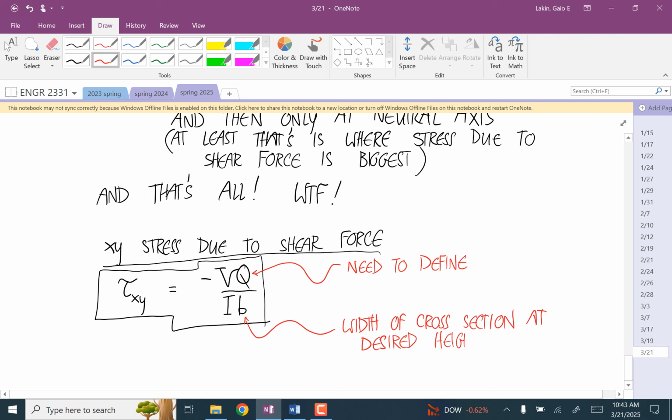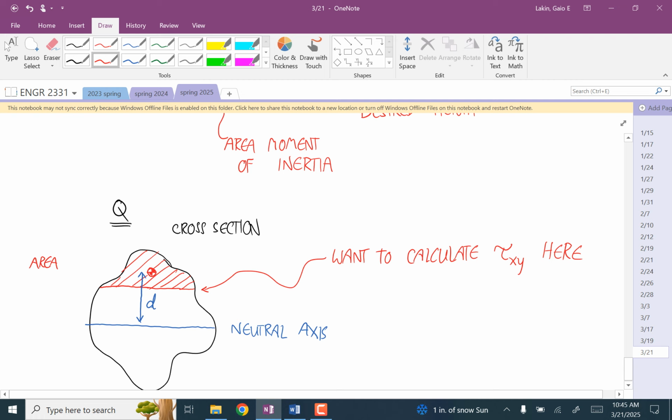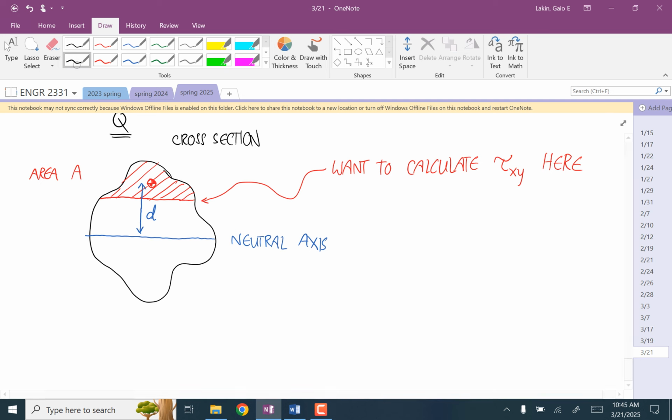The distance from the neutral axis to this centroid of this area, I'm going to call D. The red is the area A. And if you can internalize all that stuff, then Q is just the area times that distance D. Notice this is always positive.